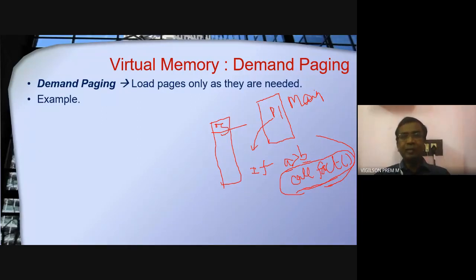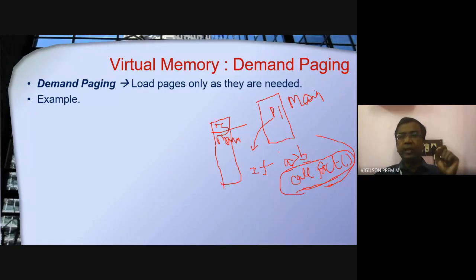So what my logic is, first I will store the main program in main memory. First line I will execute, second line execute, third line I will execute.